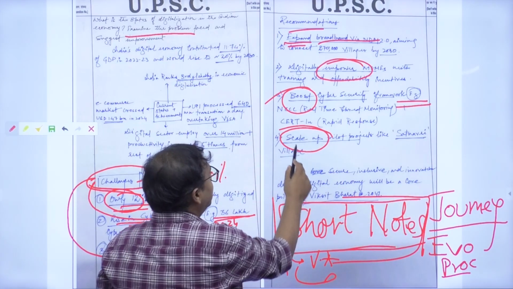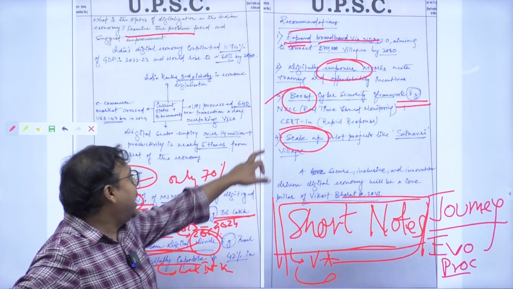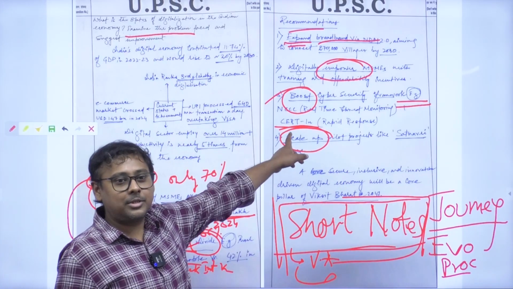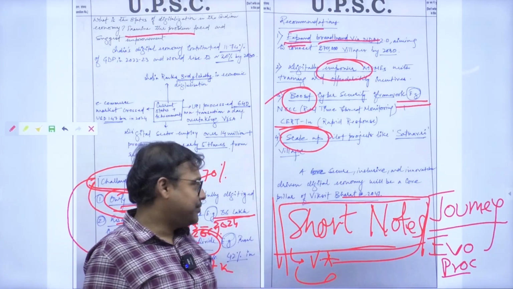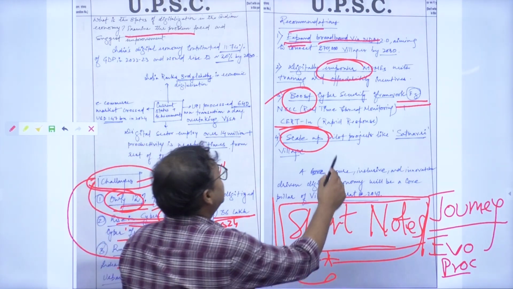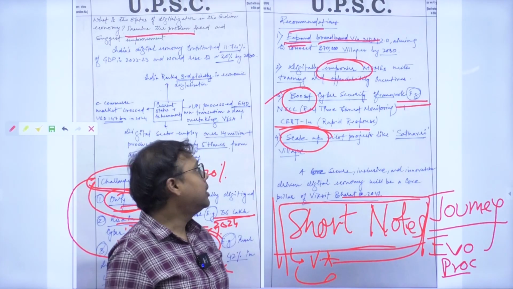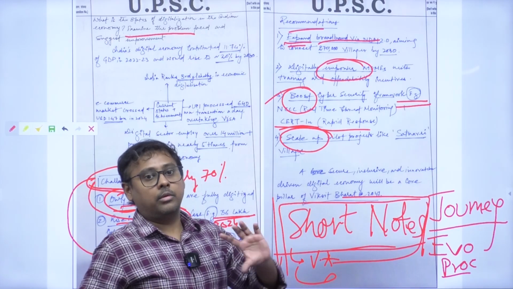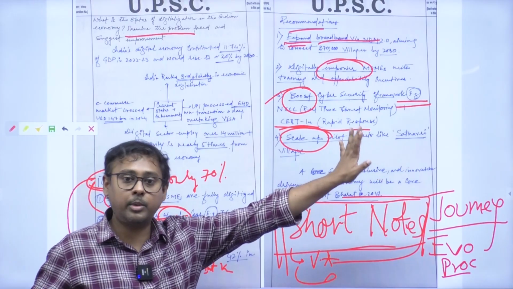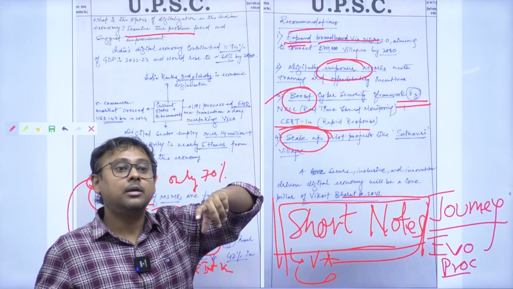What are the examples? How many of you have heard of NCCC? CERT, I think most of you have heard. CERT is rapid response. If an issue happens, for example the AIIMS issue. Everybody remembers? There was a data breach.